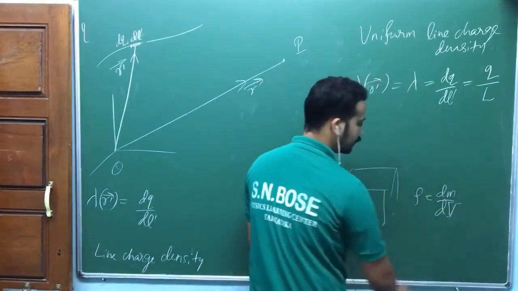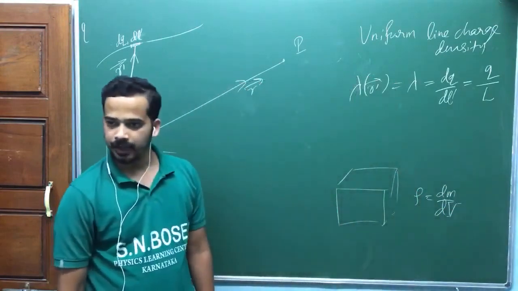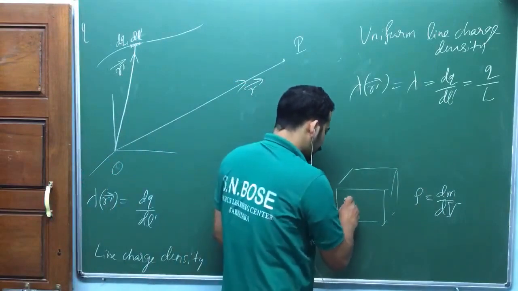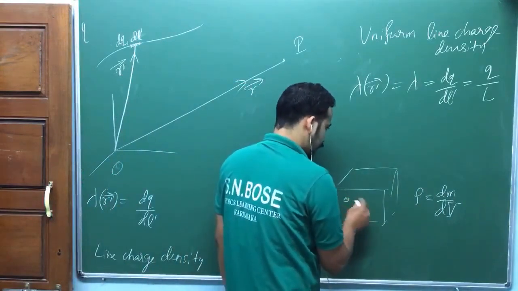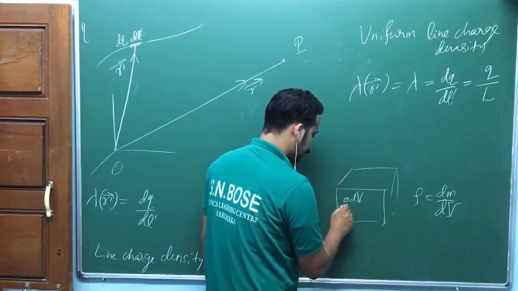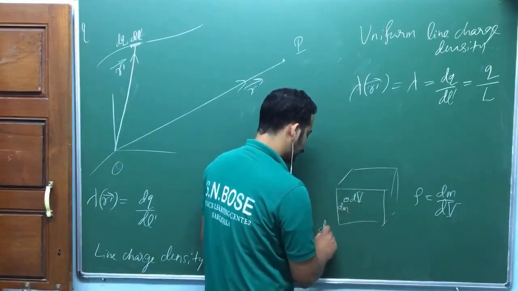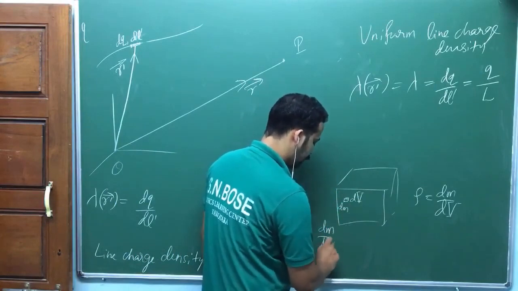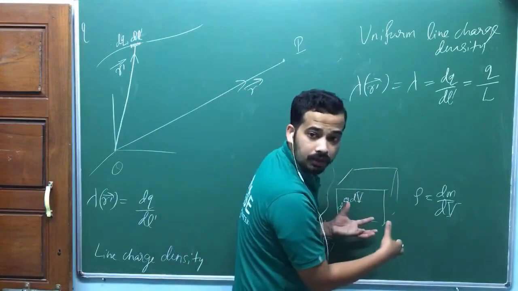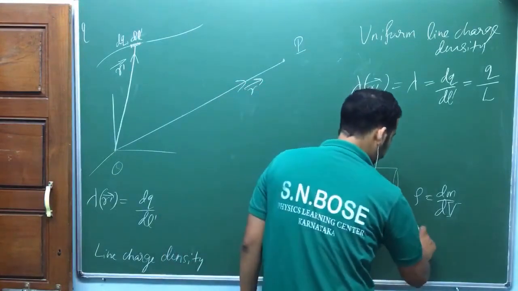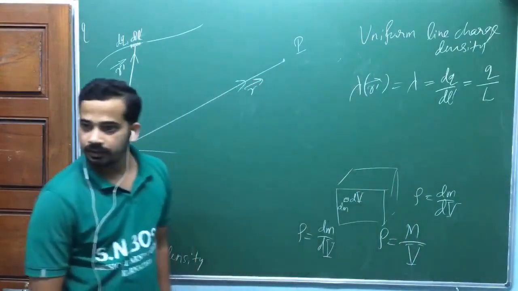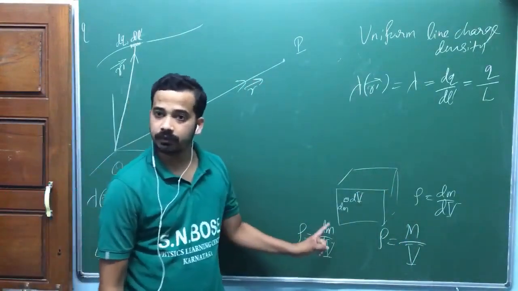Mass density is the same everywhere. Then I can take a small portion of this volume dv, and I can find its mass dm. I can take the ratio dm by dv, and I can find the density. Or I can take the whole volume and whole mass, divide, and then also I'll get the density. Whenever density is uniform, this will happen.